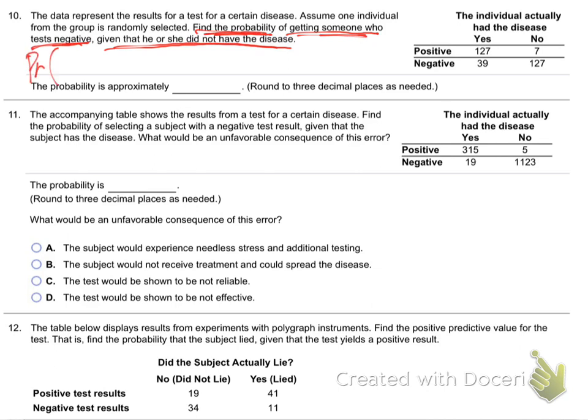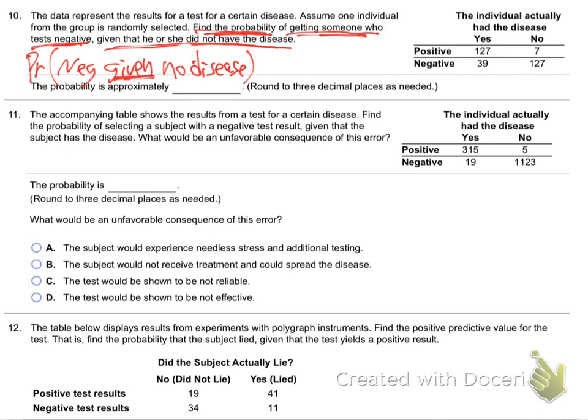The probability of testing negative given, see, it's all about given, isn't it? Given they do not have, or I'm just going to write, no disease. So the probability of negative given they really don't have the disease.